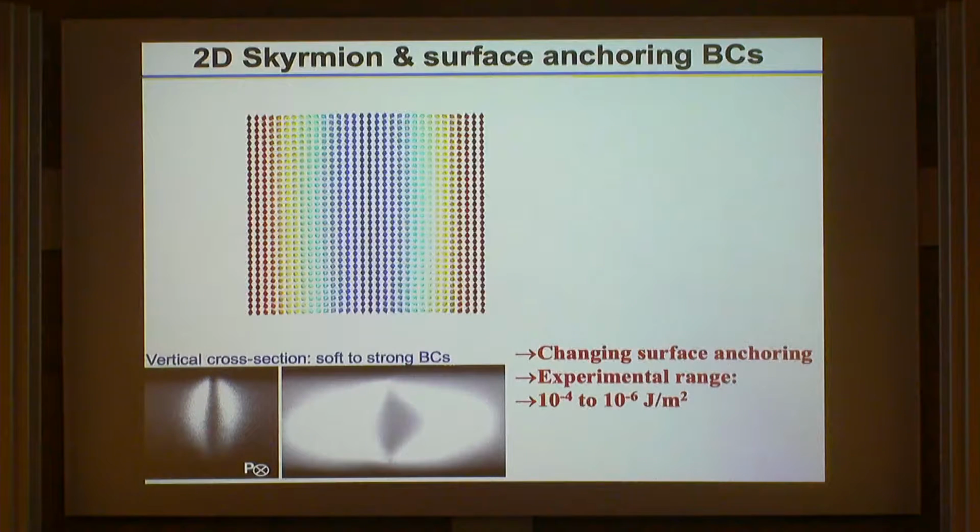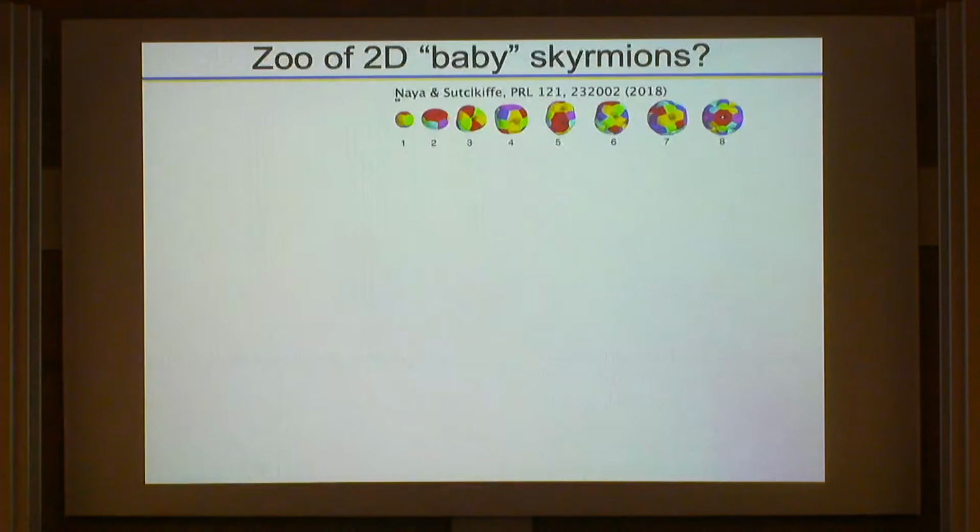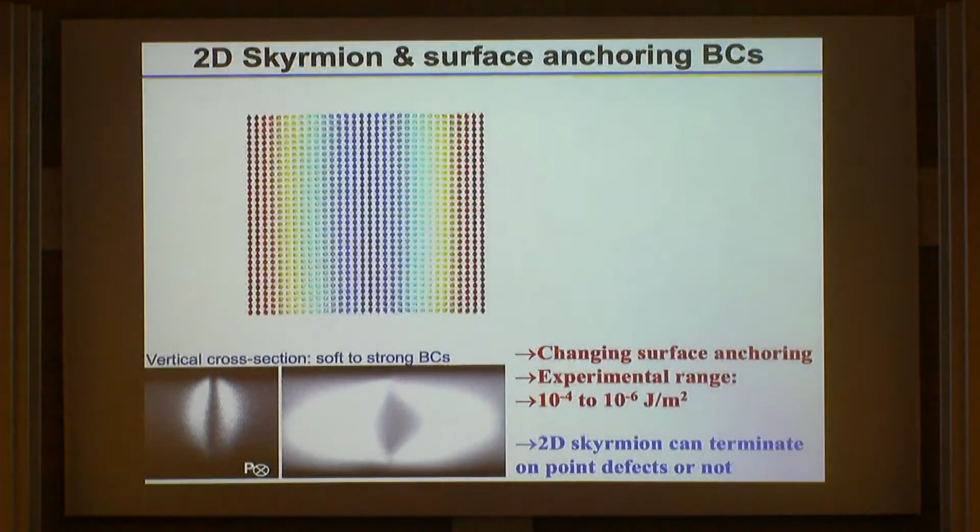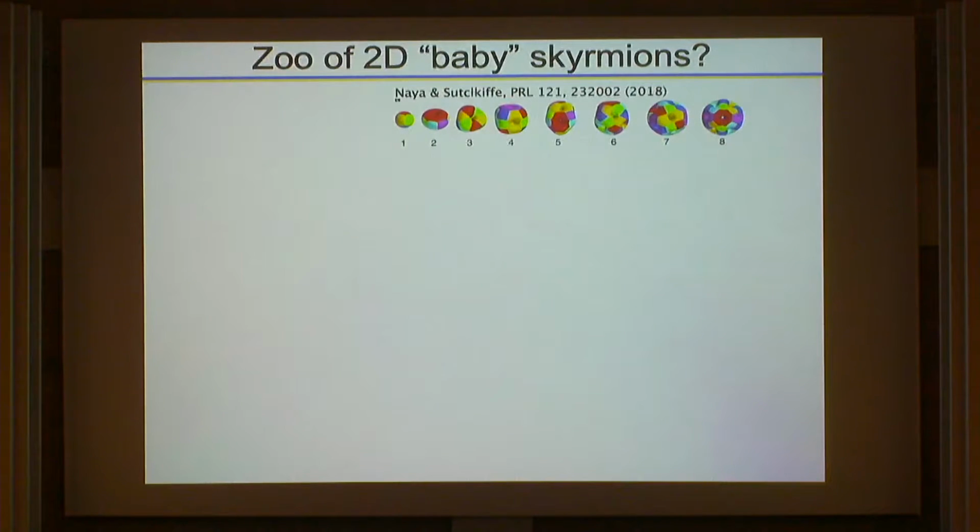So in intermediate cases, these defects can be localized not in bulk but at surfaces, and they can become virtual when you have weak surface anchoring boundary conditions. So this is one such solitonic structure, but the question that one could ask is, could we have higher degree 2-dimensional skyrmions?